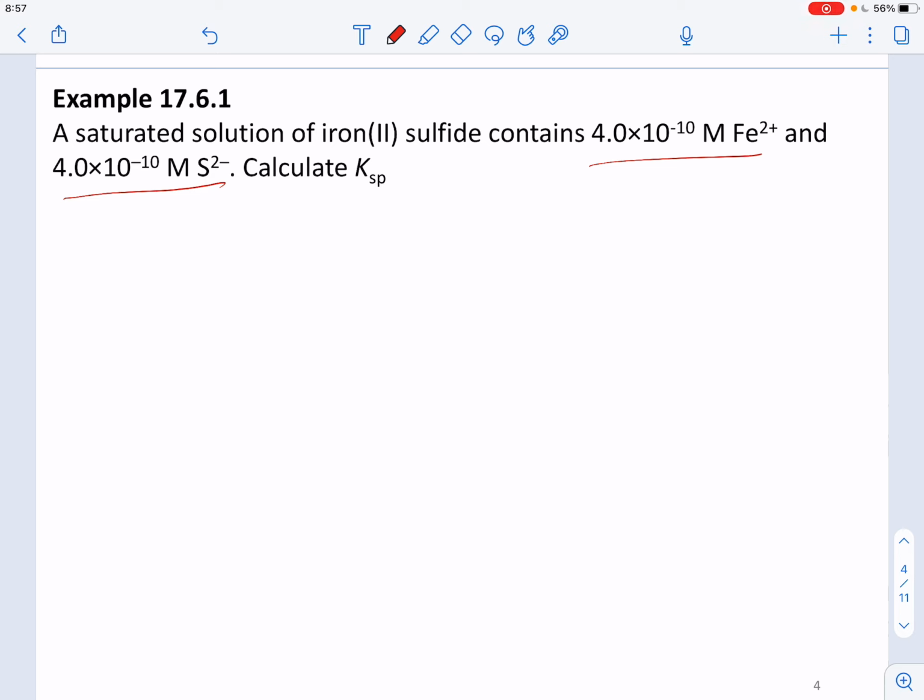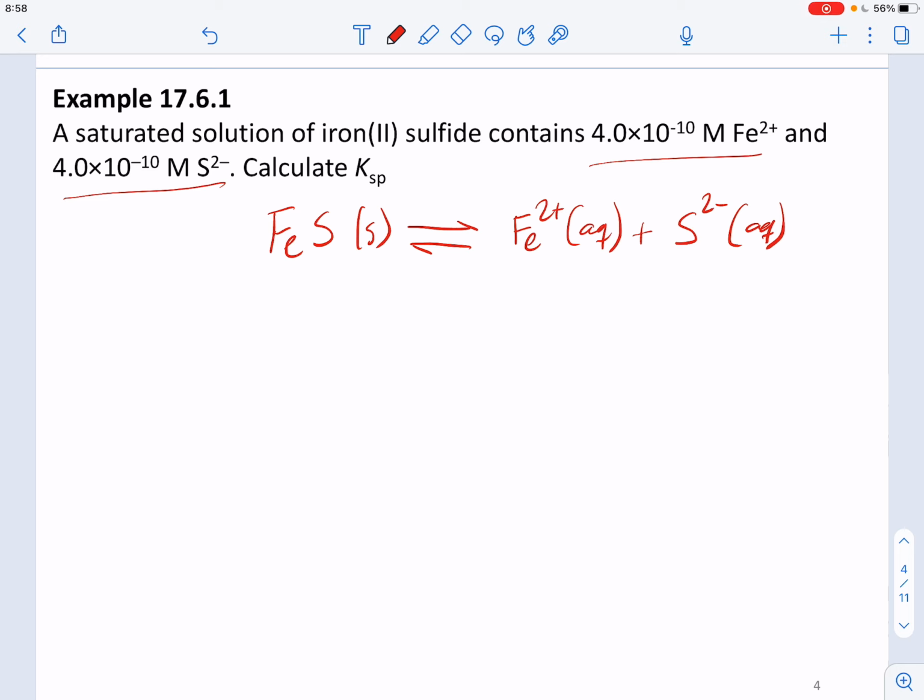So this is iron 2 sulfide, which is simply FeS. Remember, this is a solid, which is in equilibrium with its ions in solution. So this is the dissociation equation for iron 2 sulfide.